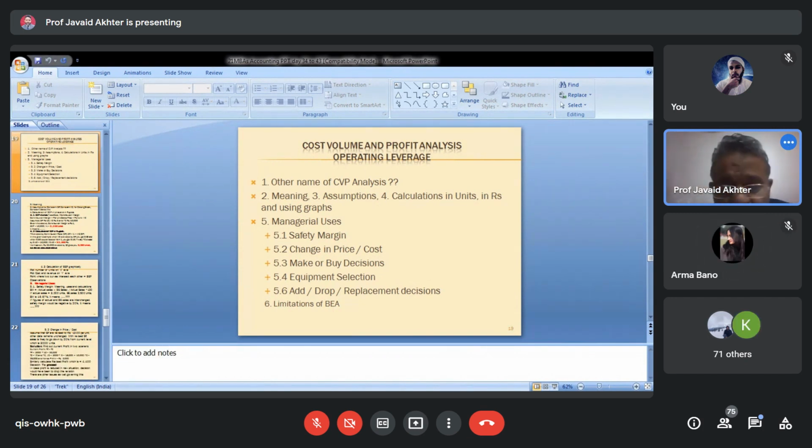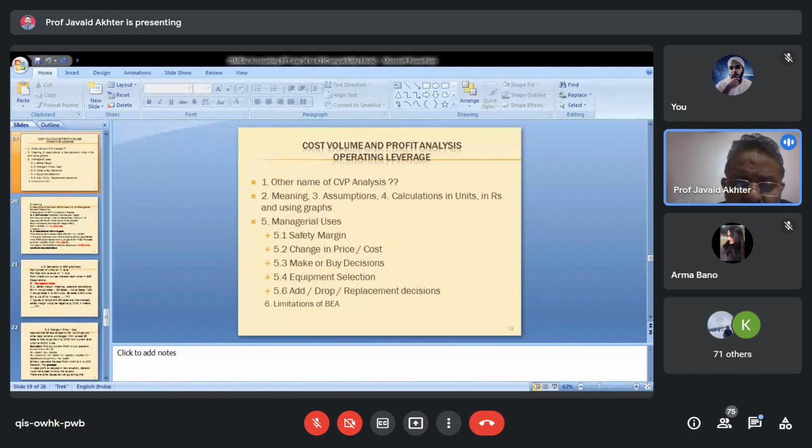Any question? Okay. The next and final assumption of this analysis concerns a firm which produces multiple products, which usually happens. Hardly any firms produce only a single product.